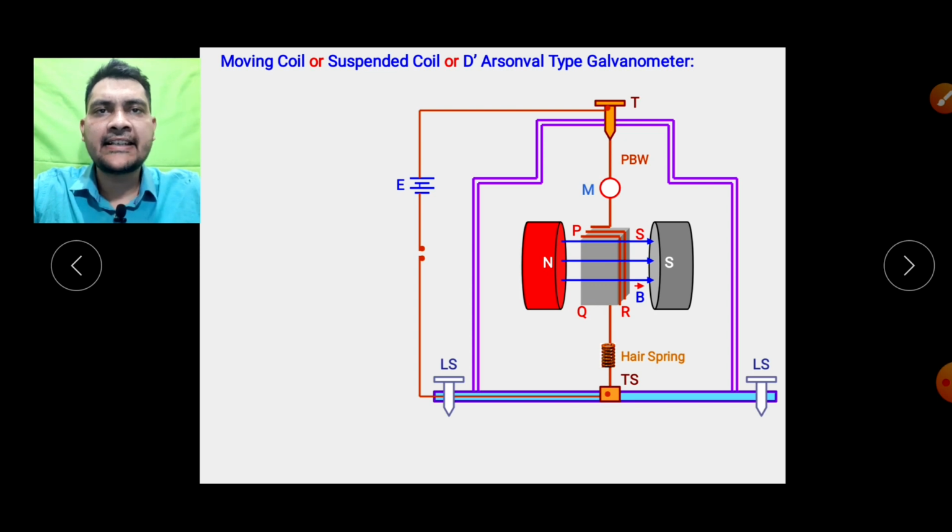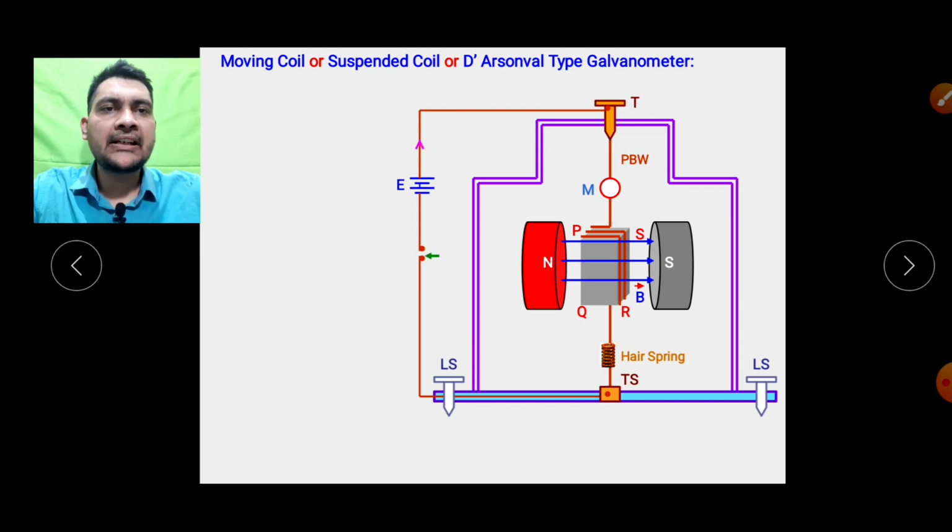We have already studied that when a current carrying loop or coil is placed in a magnetic field, it experiences torque, and that torque is given by NBIA sin theta. Here N is the number of turns in the coil, A is the area of the coil, I is the current flowing in the coil, B is the magnetic field, and theta is the angle between the normal of the loop and the direction of the magnetic field.